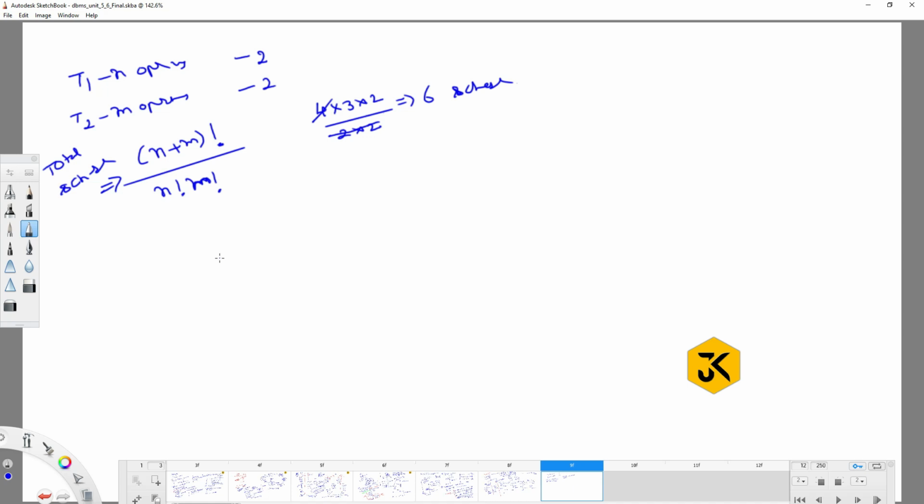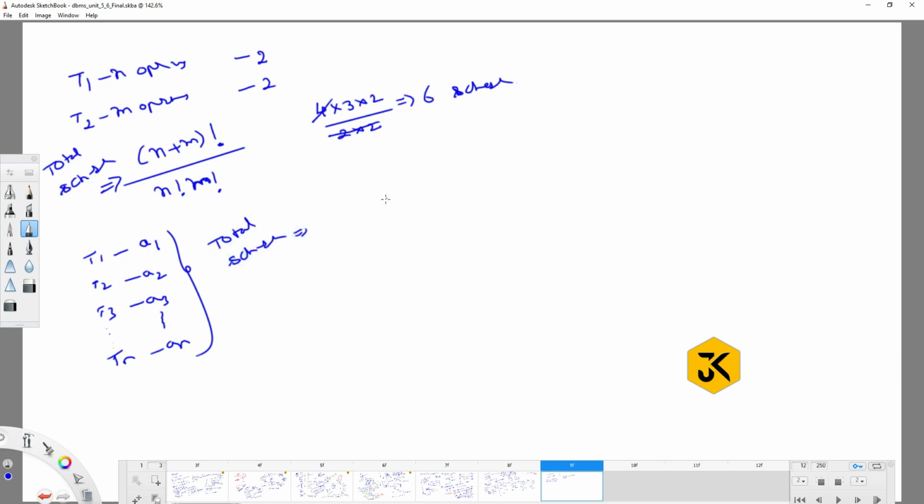Suppose for example, multiple transactions are there, like n transactions. Now it's not only about two transactions: T1, T2, T3 and so on, Tn, where every transaction contains A1 operations, A2, A3 and so on, An operations. Now tell me the formula for the total number of schedules possible.